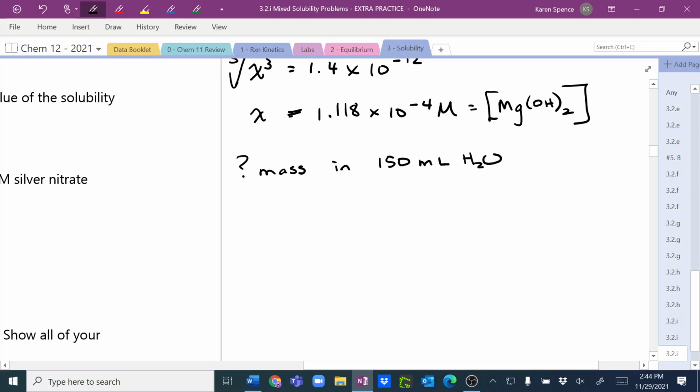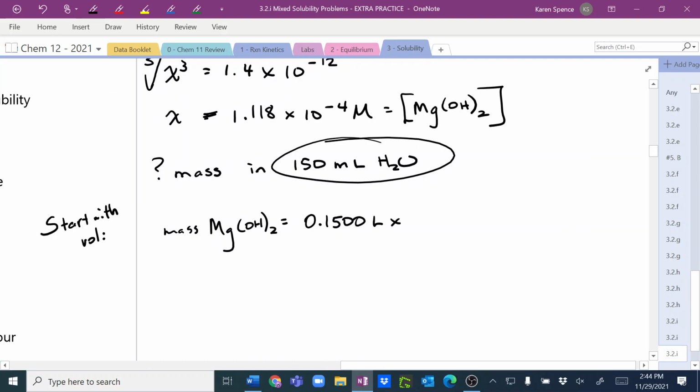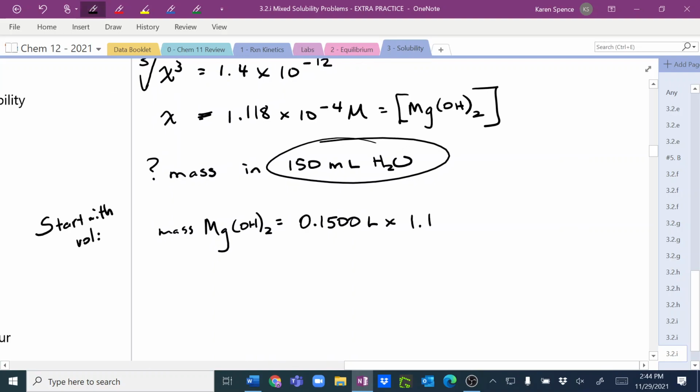So now we're doing some conversions, and when you're doing some conversions, start with the volume. So we want to find the mass of Mg(OH)2. We're going to start with 150 milliliters. Oh, I should convert that to liters. 0.1500 liters times 1.118 times 10 to the negative 4 moles per liter.